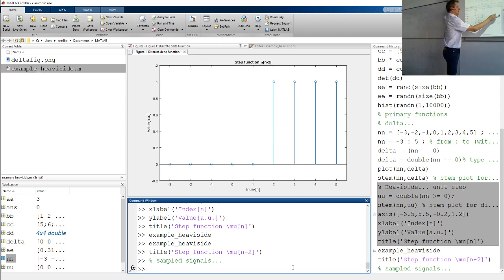So if you have any continuous time function, you just replace the time argument with n times Ts. Where does that Ts come from? From your system sampling rate.